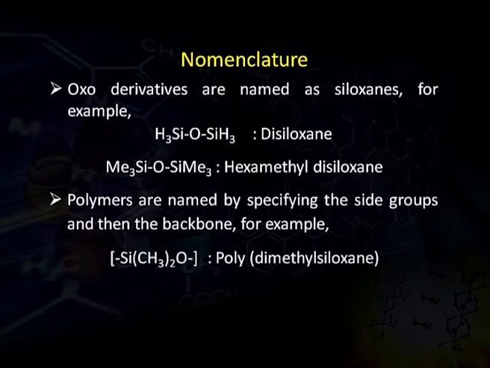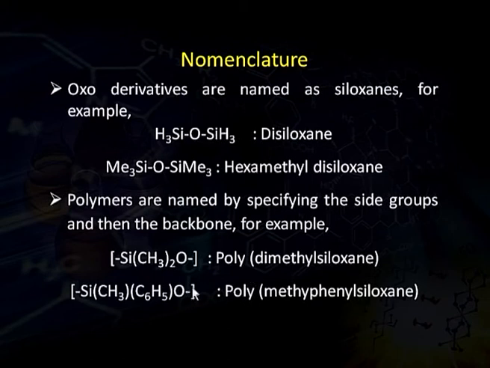In this case, this is also a polymer and we have methyl and phenyl groups. So, the name would be poly for the polymer, and methyl and phenyl, the M of methyl comes prior to the P of phenyl, alphabetical order is followed here. So, the name would be polymethylphenylsiloxane.